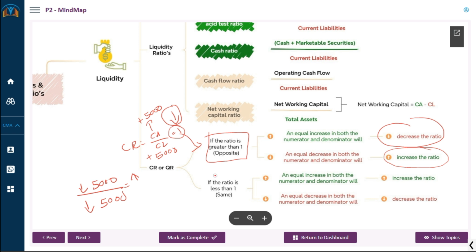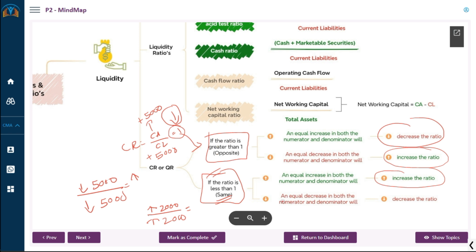And if the ratio is less than 1, it will move in the same direction. This means an equal increase in both the numerator and the denominator will increase the ratio. If there is an increase of 2000 in the numerator and 2000 in the denominator, that is going to increase the ratio. If the ratio is less than 1 it moves in the same direction, and if it is more than 1, in the opposite direction.